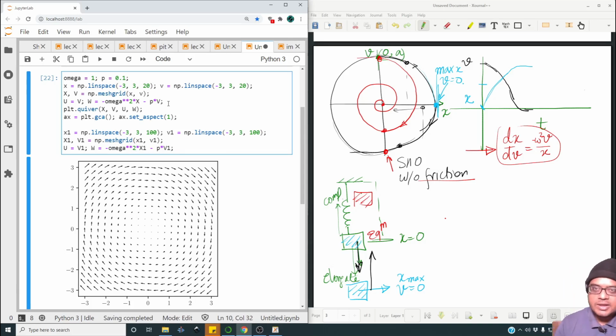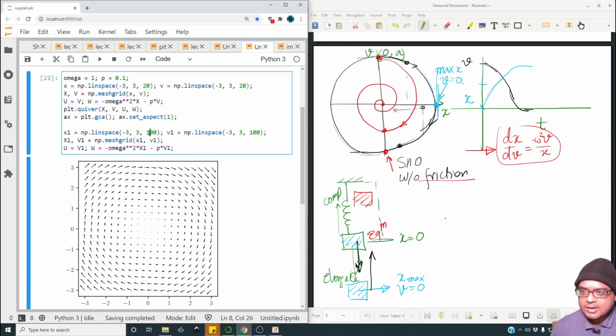The reason why I am having two different grids is I want to have the vector field with few points plotted. If I plot it with 100 points instead of 20, there are too many vectors all over the place and we cannot discern anything useful. So I've kept the number of points on which the vector field is plotted quite low.